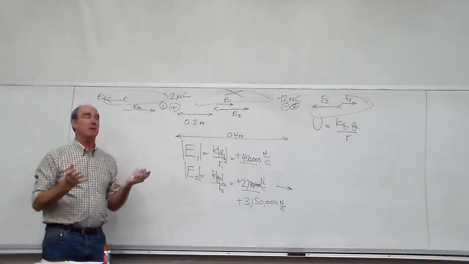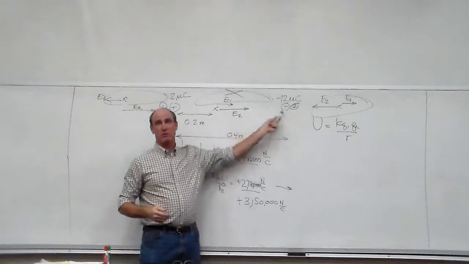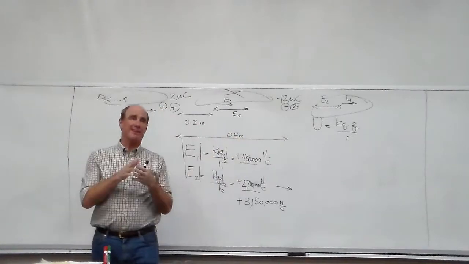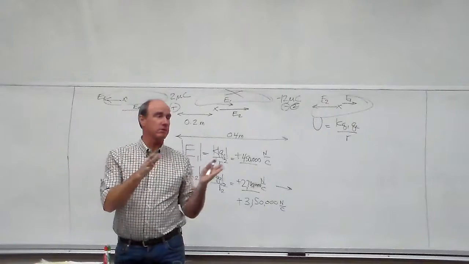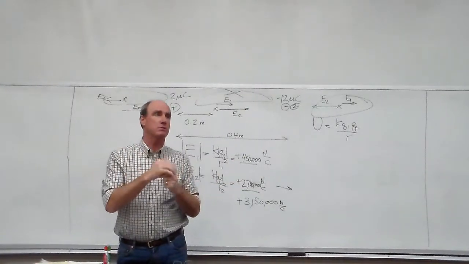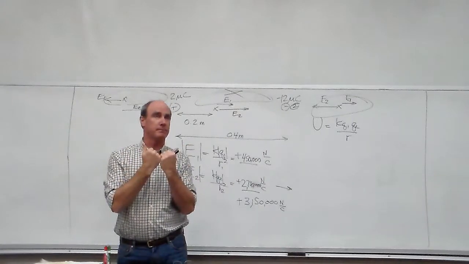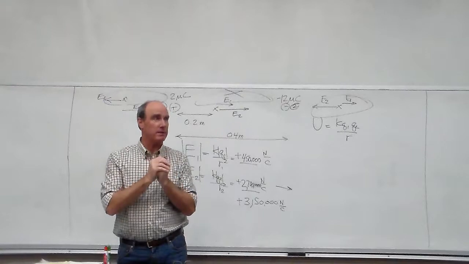You don't know, and it's hard to tell. This one has a smaller charge, but it's closer. This one has a bigger charge, so it's farther away. There's the potential that at some location, and mercifully we don't ask you exactly where, those 2 vectors would be equal and opposite, and they would cancel out. Does that kind of make sense?